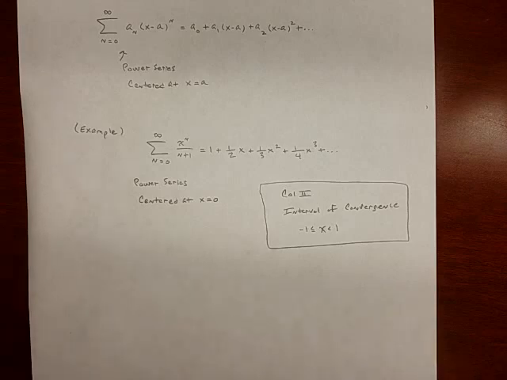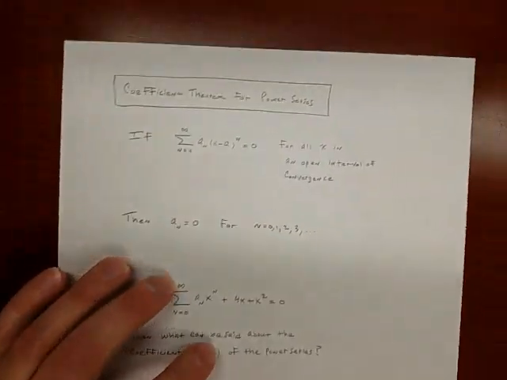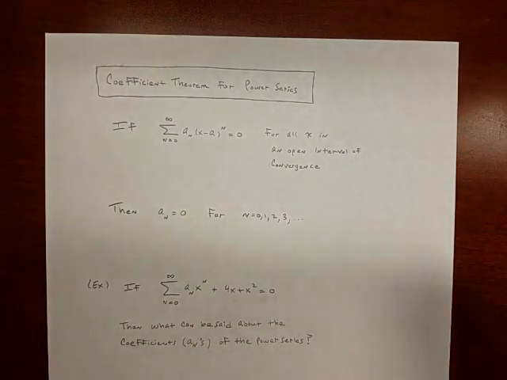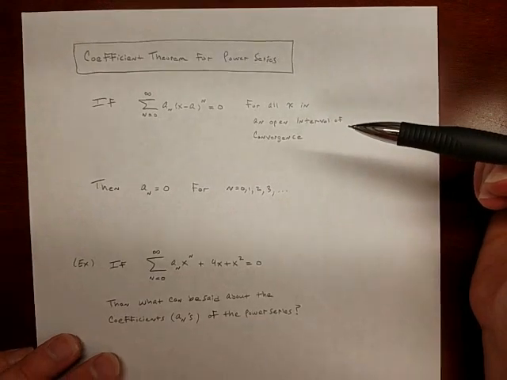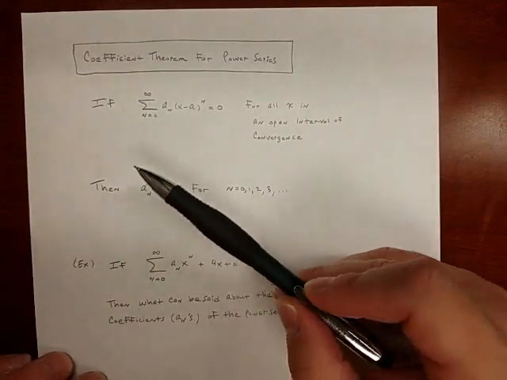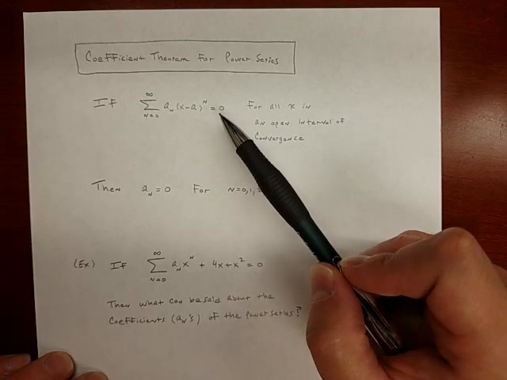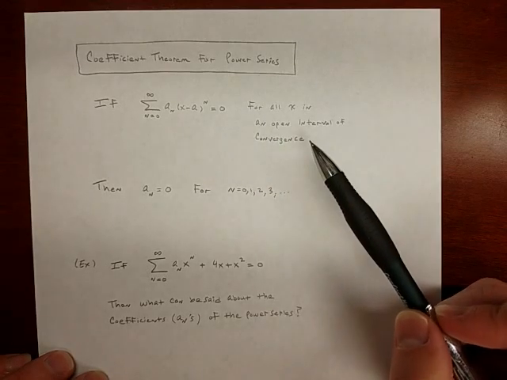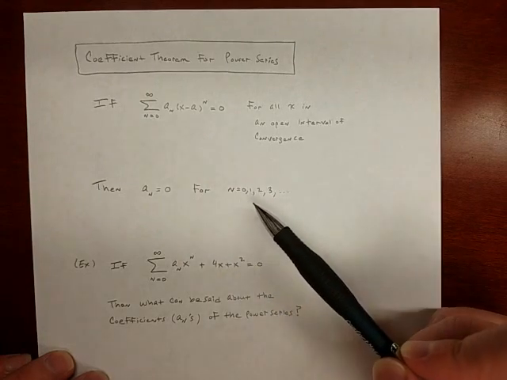Okay, so the next thing that would pertain to our class is this thing called the coefficient theorem for power series. Have a look what it says. It says, if I have a power series and it's equal to 0, then every coefficient is also 0.